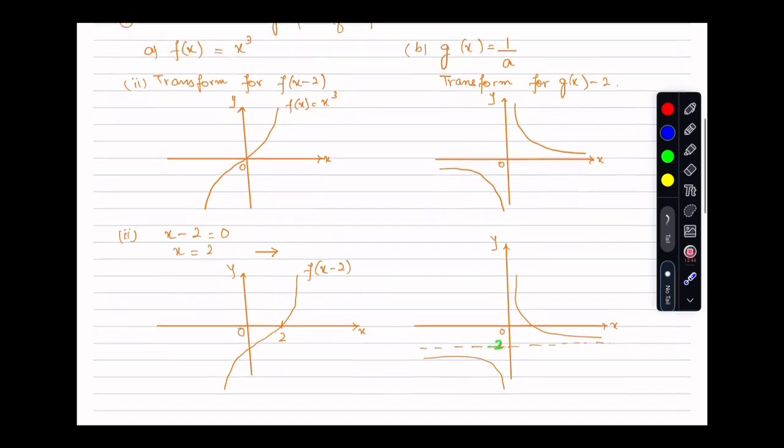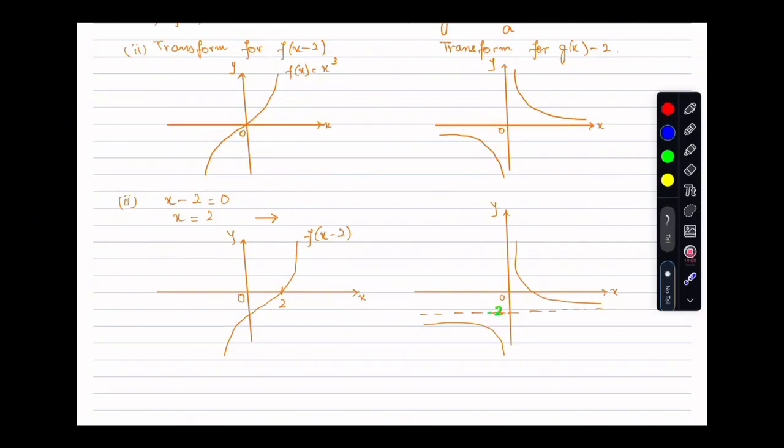Then transforming g of x equals 1 by x, now we have to transform for g of x minus 2. I can see there is a constant over here, and the constant means that I shall be transforming it along the vertical direction, which is going to be a negative 2, meaning I shall be transforming it downwards.